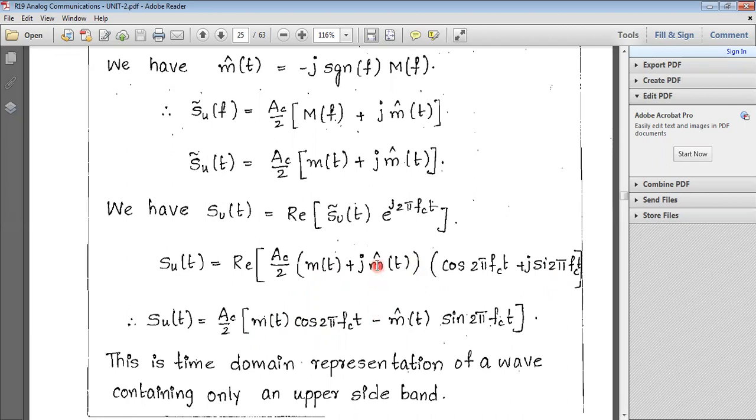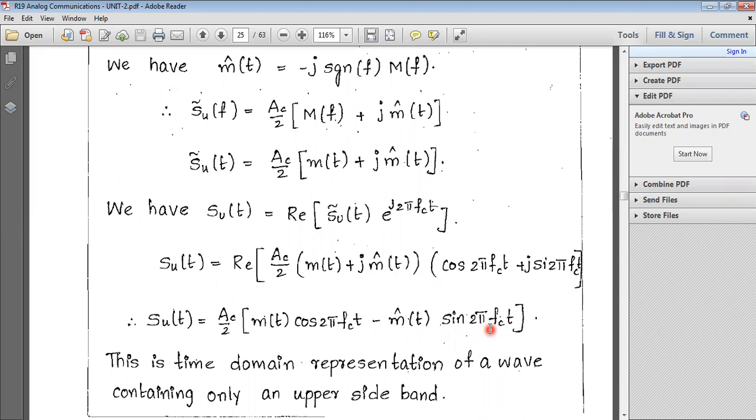And this term and this term, for this also we got an imaginary term. So therefore we neglect the term. But if we multiply both imaginary terms, we have j square as minus 1. So therefore it becomes minus m cap of t sin 2 pi fct.